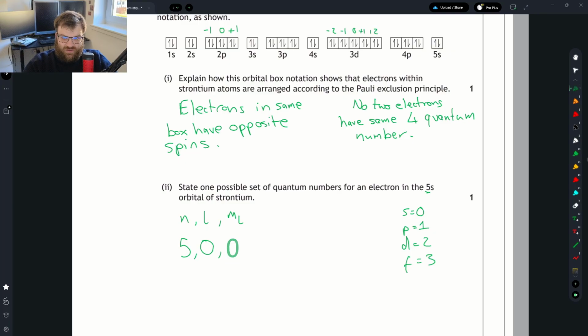That one has to be there. And then your options for the spin, it doesn't tell you which one we're talking about. It could be the first one, could be the second one. You could have either plus or minus a half. So plus 1/2, and then your other option would be minus a half. That would pick up the mark for that one.